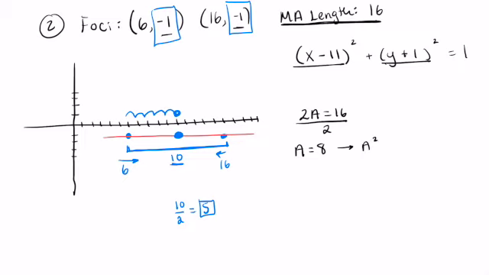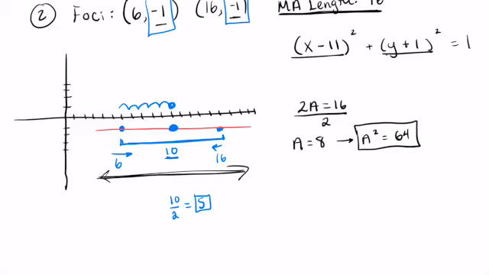Well, a squared equals 64. Where do I plug this in my equation? My major axis is running horizontally, so I have a horizontal ellipse. So I'm placing 64 underneath my x value.